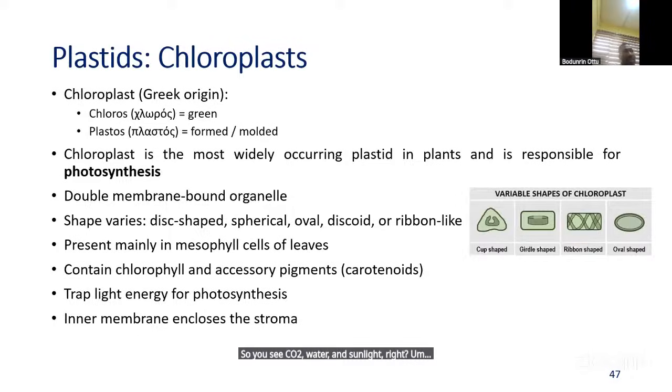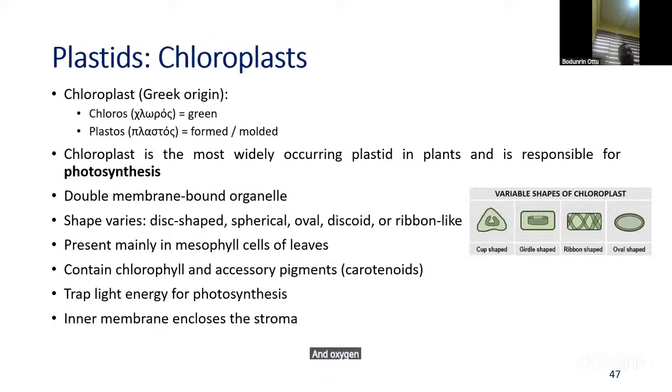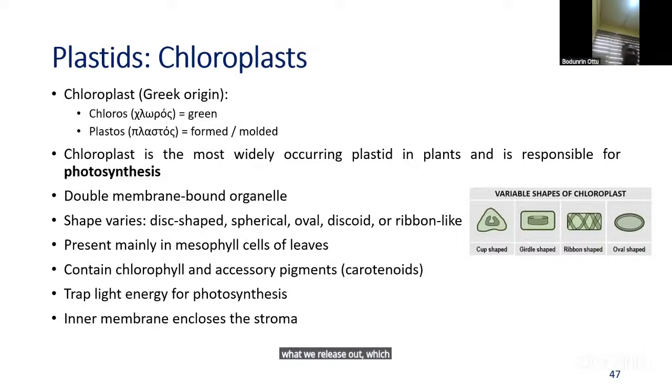Leading to the production of glucose and oxygen as a byproduct. So that's why when you have plants, the byproduct is oxygen, and that's what we breathe in. What we release out, which is CO2, is what they need, right? So anyway, chloroplast is the most widely occurring plastid in plants, and it is responsible for photosynthesis.